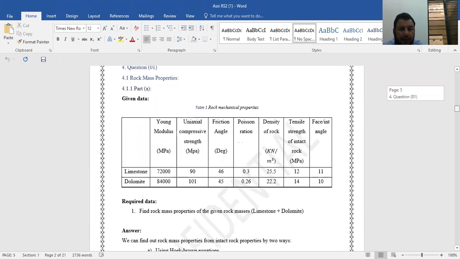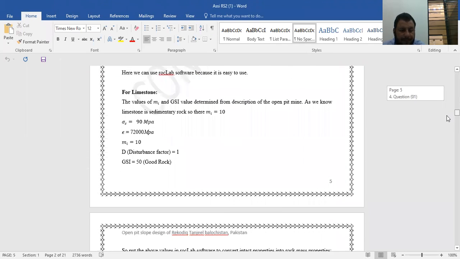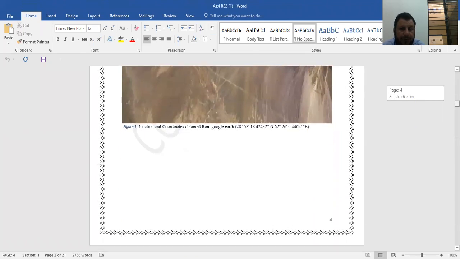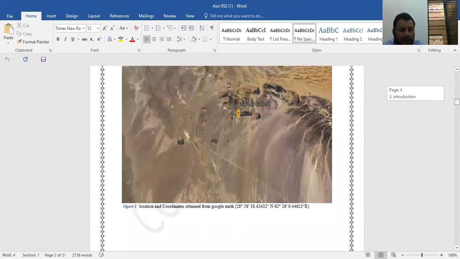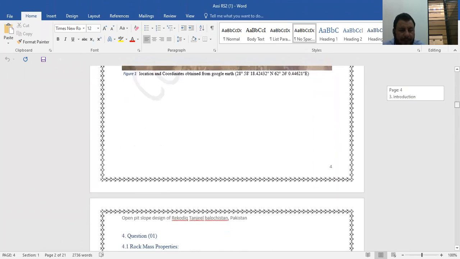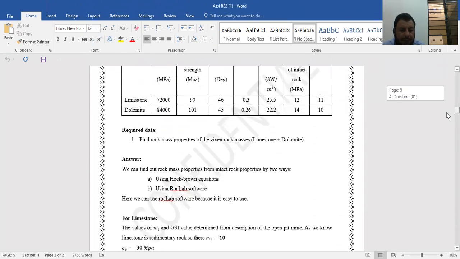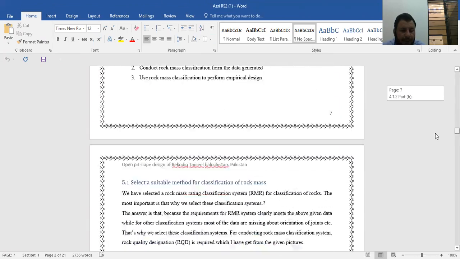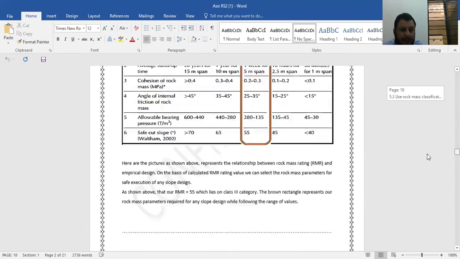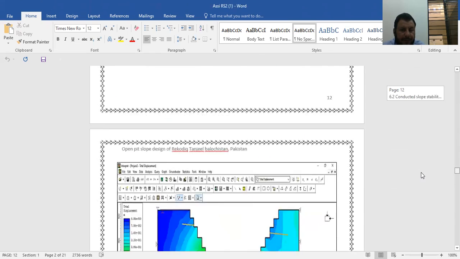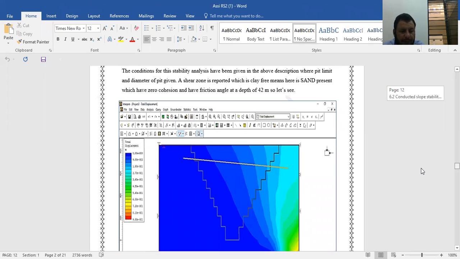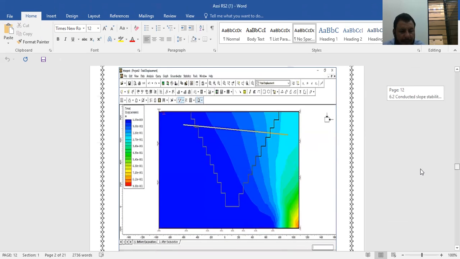Now we will discuss the introduction. What is an open pit? We will discuss it in brief. An open pit mine is a surface mining method involving excavation of multiple benches for different purposes like haulage. An open pit mine is a trade-off between stability and economics.